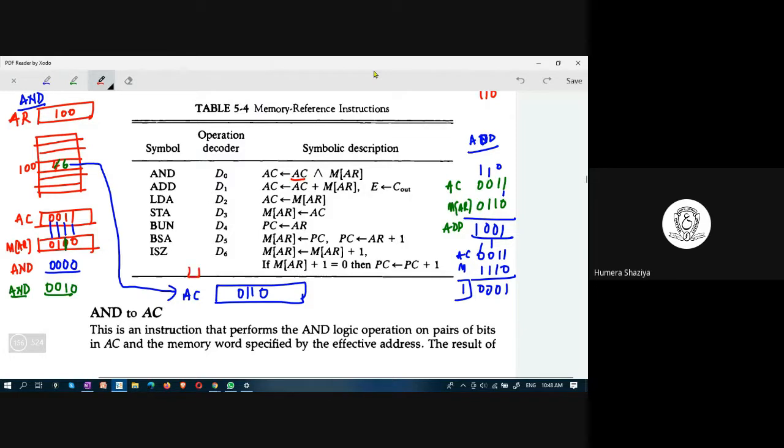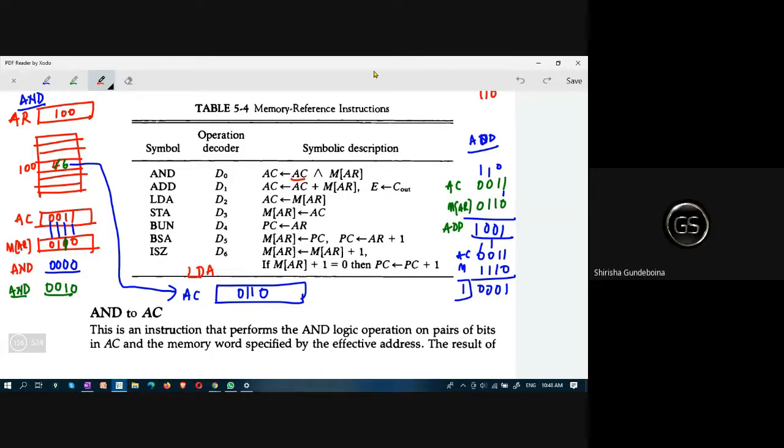What is STA? Can anyone tell me? Is it like a free function? Free means removing the allocated memory. No, it's not like free.